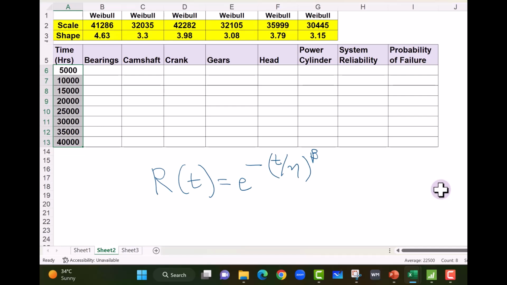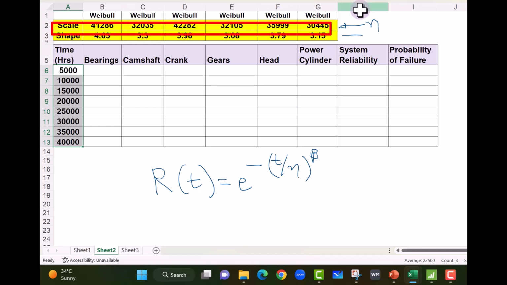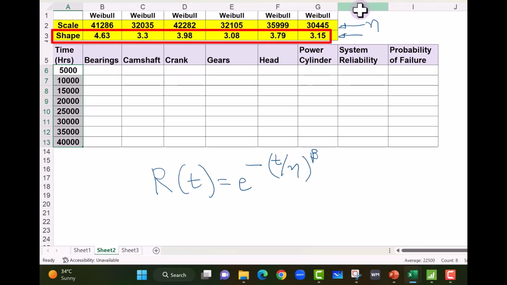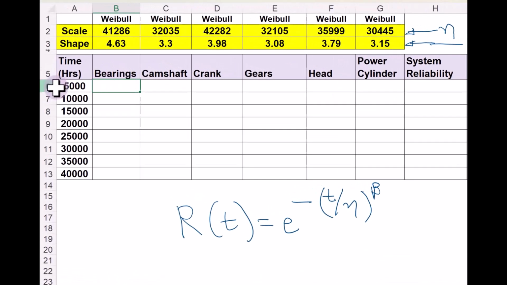In each case, we have been given the scale parameter in the top row. So this is the eta parameter, and on the lower row we have the shape parameter, which is the beta parameter. Using these parameters and the time in hours, we can create the Weibull equation for each of the cells. So let us create it for the first cell, that is at 5000 hours, for the first failure mode, bearing.